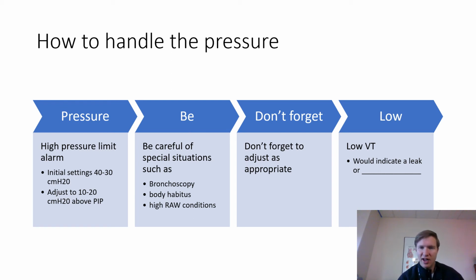Be careful of special situations such as bronchoscopy, where we talked about that before with the high pressure alarm. Some hospitals may want you to change that, others may not, but you've got to watch out for hypoventilation and oxygenation issues if you don't. Body habitus could also be another situation. If I have someone with significant body habitus, let's say morbid obesity, they might need higher pressures to deliver the breath because of dynamic compliance issues.